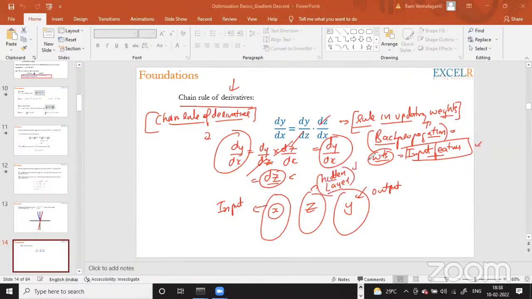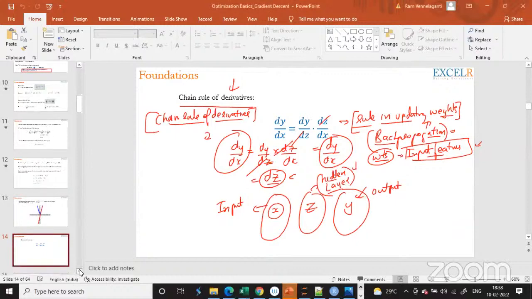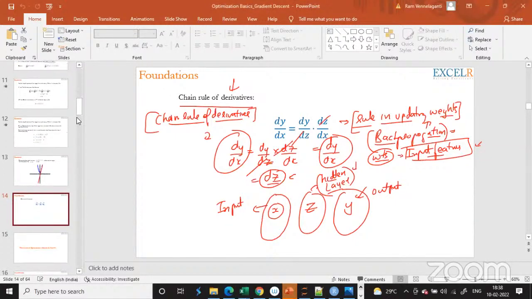All these terms will become familiar once we discuss more concepts, and you'll be able to understand what the important topics are. So remember this formula, chain rule of derivatives: dy by dx is equal to dy by dz into dz by dx.